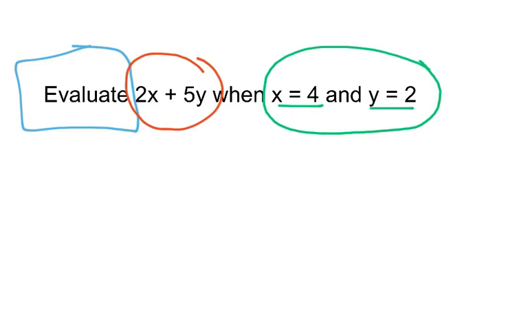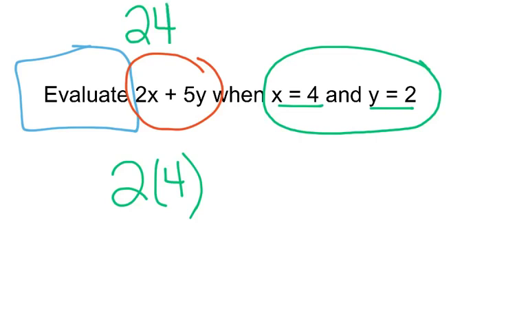So the way we evaluate that is 2x is multiplication, 2 times x, and we would take the x and turn it into a 4. Now, a common mistake that some students make is saying that that is 24, but it is not 24 when you replace x with a 4. That is incorrect. We don't want to have that.